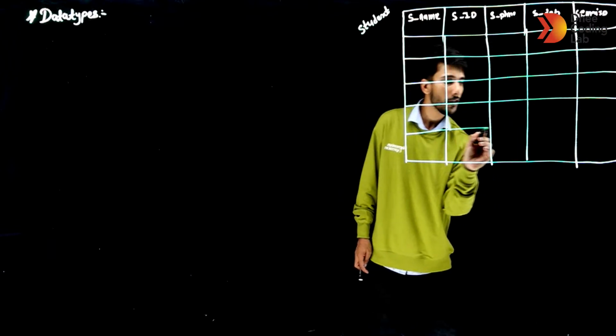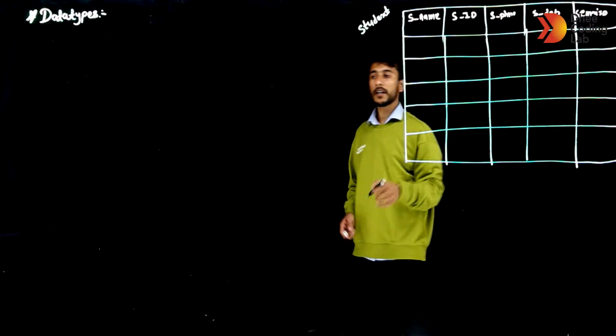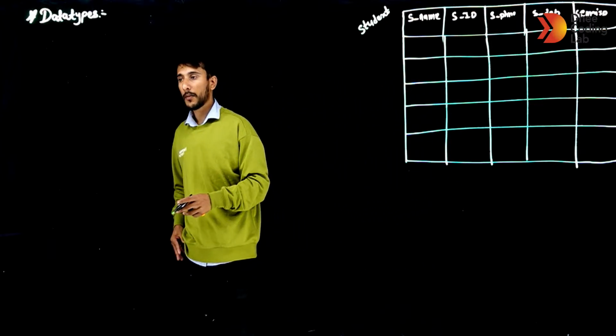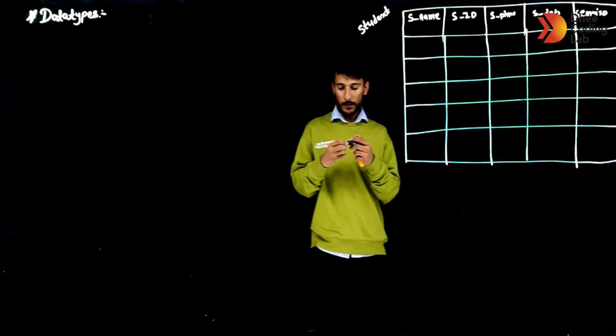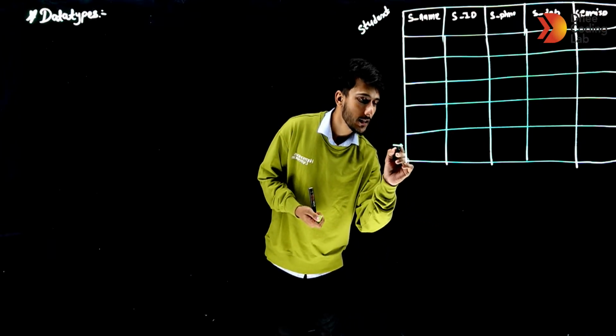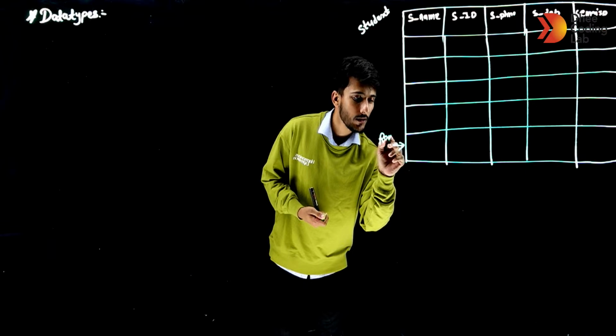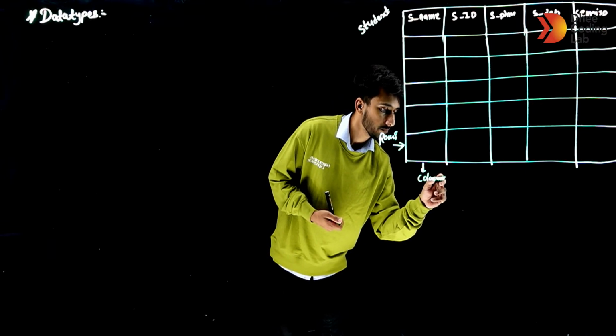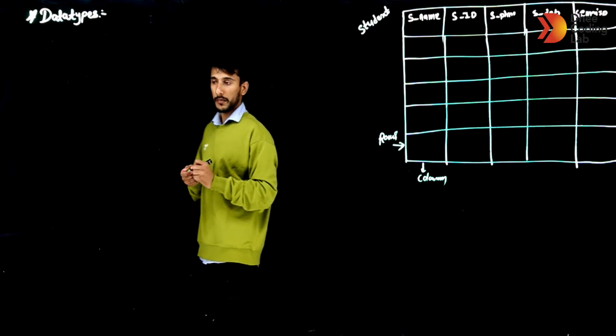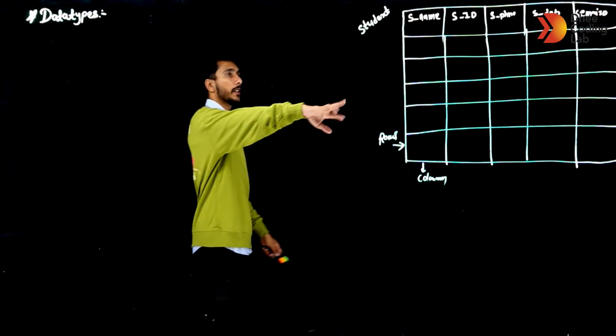The horizontal part is called rows and the vertical part is called columns. So this is my column and this is my rows.